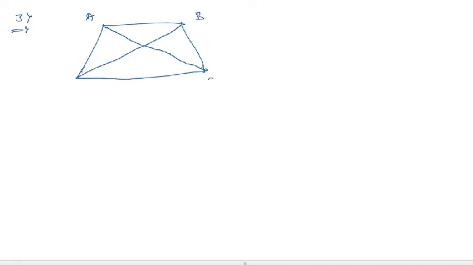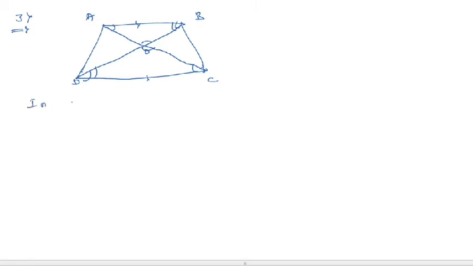ABCD is a trapezium, and this intersecting point is O. These are vertically opposite angles, they are equal. Because AB is parallel to CD, this angle is equal to this angle, and also this angle is equal to this angle.